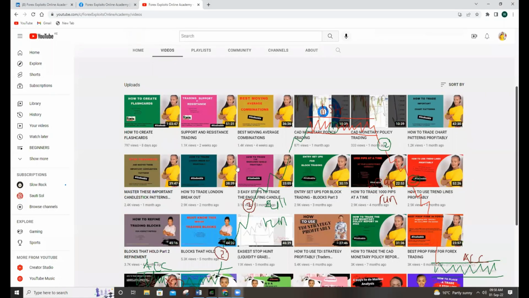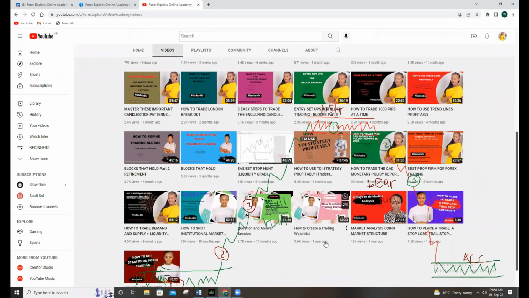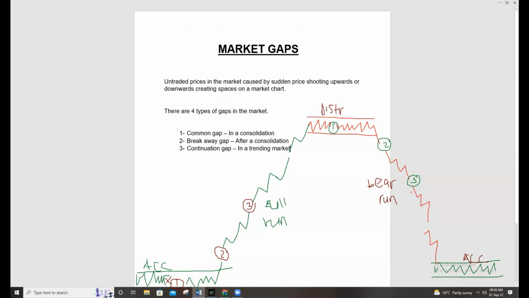So make sure that you master these institutional reversal patterns, because once you have a confirmed structure, there is one reversal pattern that we call confirmed market structure. Once you have a confirmed market structure, then you spot a continuation gap. That's Christmas. If you have confirmed market structure and you get a continuation gap, boom, that's Christmas for you.